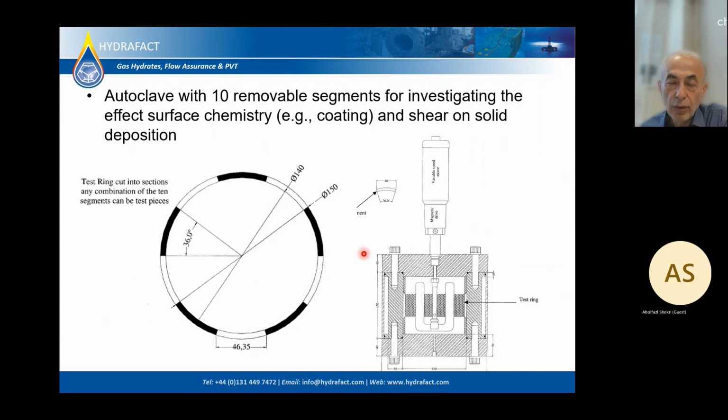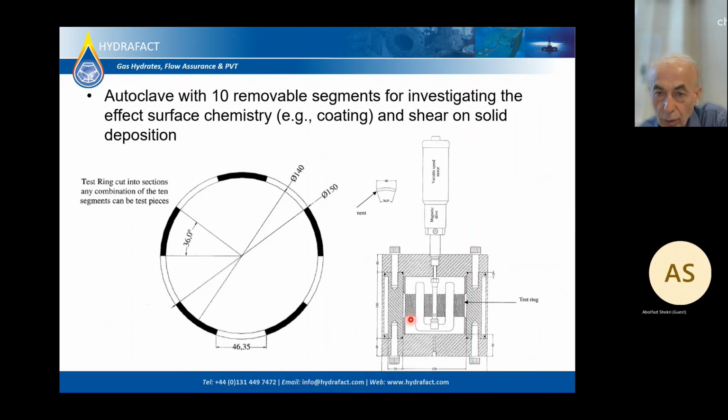This is a novel setup that we can use to measure solid deposition on the surface. We use this device for different coatings, internal pipeline coating, and the effect on wax and scale deposition. So there are 10 pieces of metal.